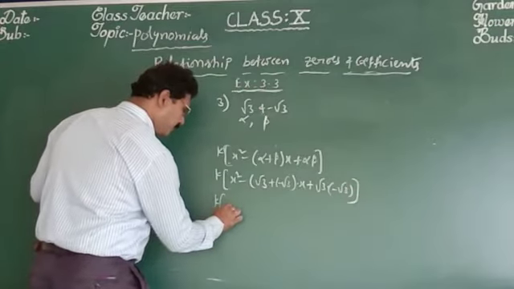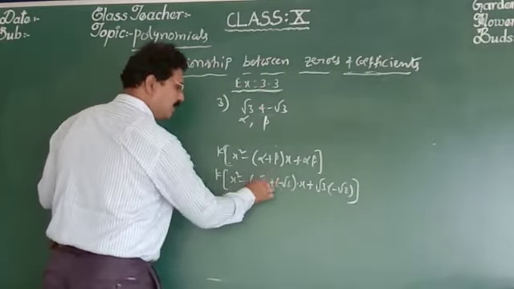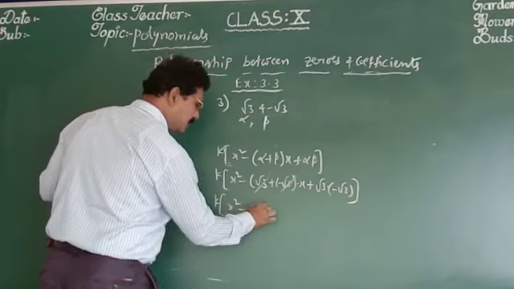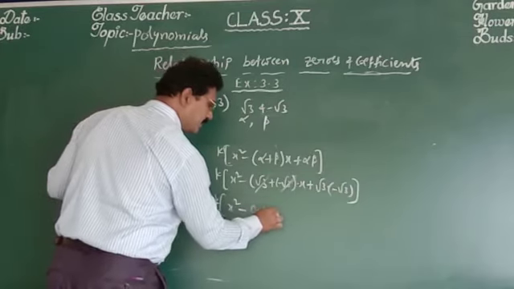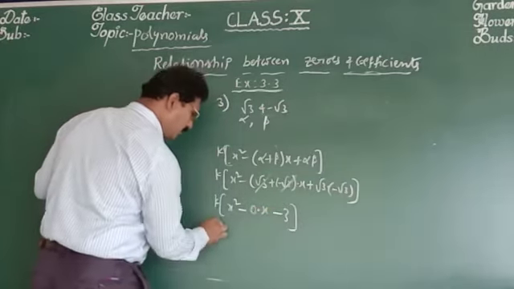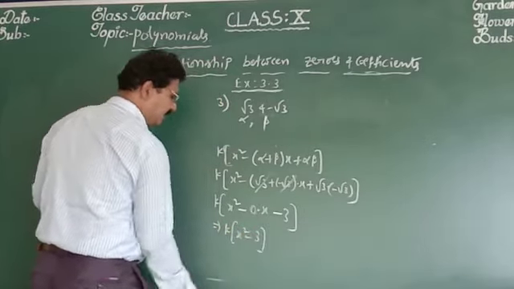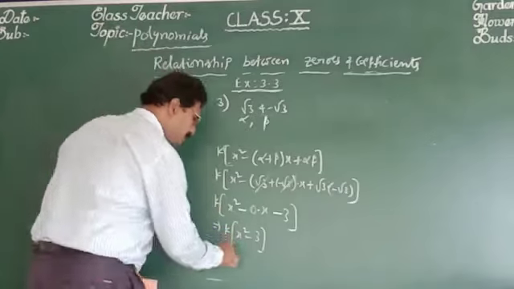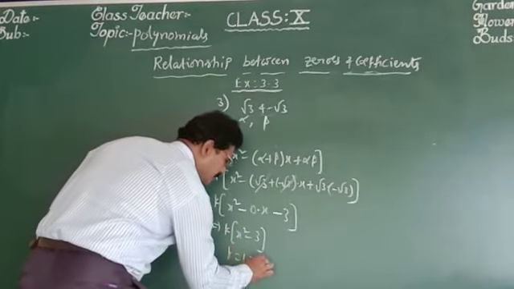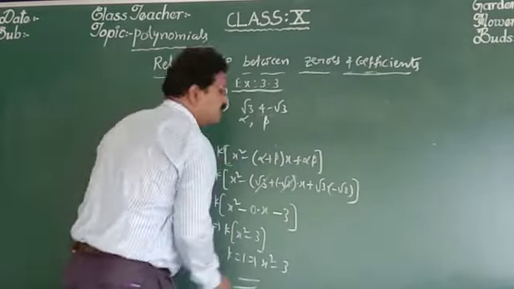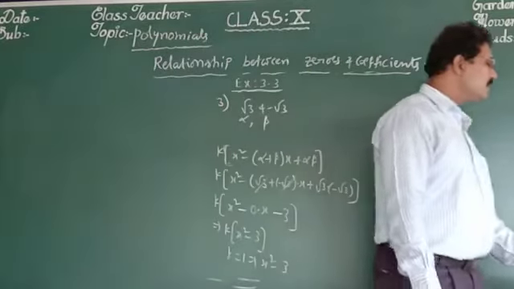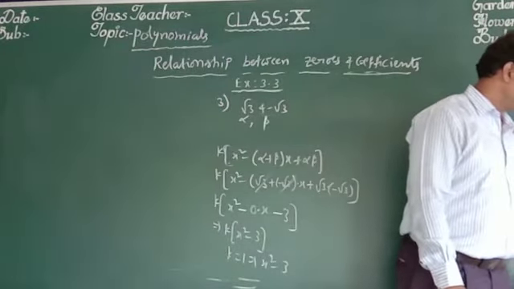So k of x square minus, root 3 minus root 3 cancel, that is 0, into x plus minus root 3 into root 3, that is minus 3. So k of x square minus 3 for any value of k. Better you put k is equal to 1. What is your answer? x square minus 3.